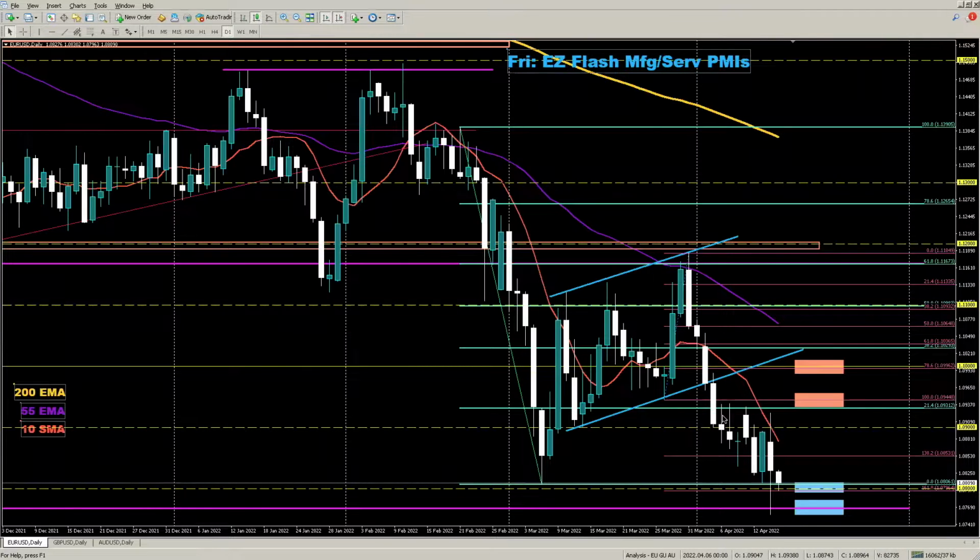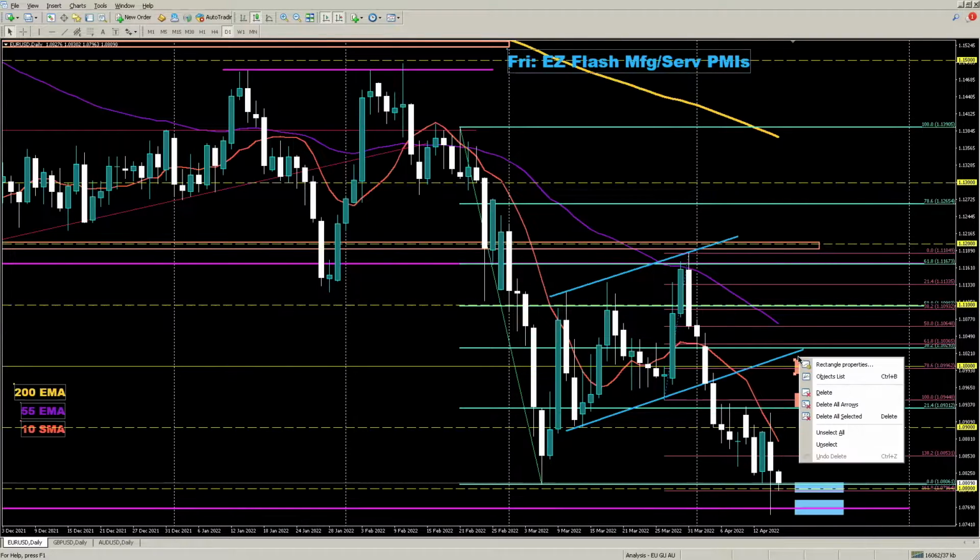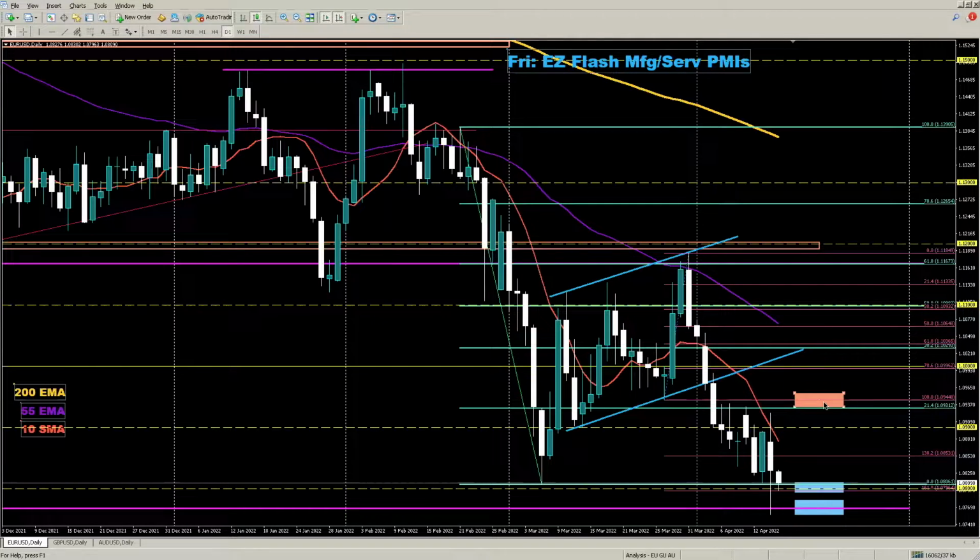So it's already drifted lower after breaking below this channel. Let's remove this here now. So this area will be a resistance zone.